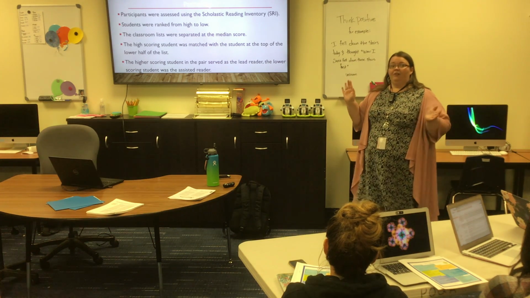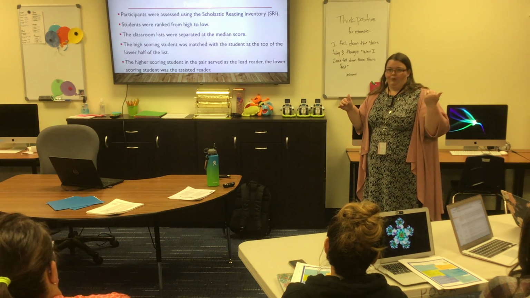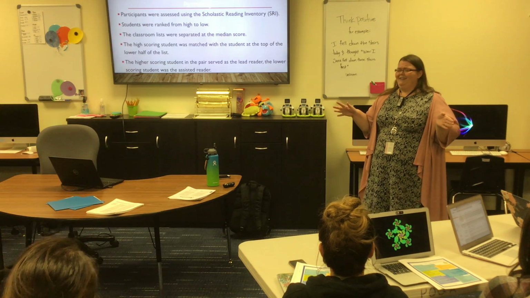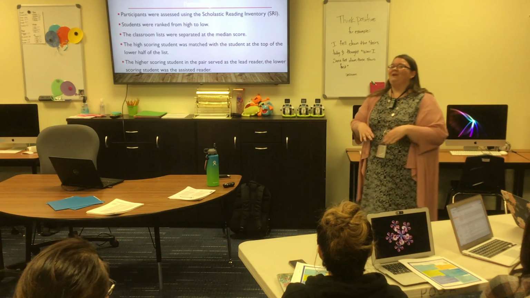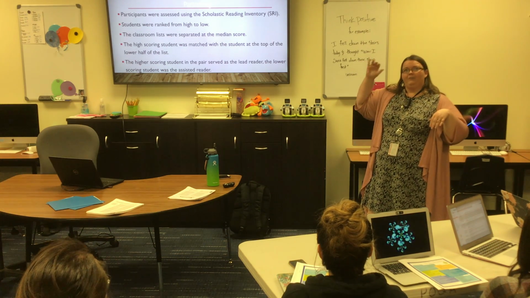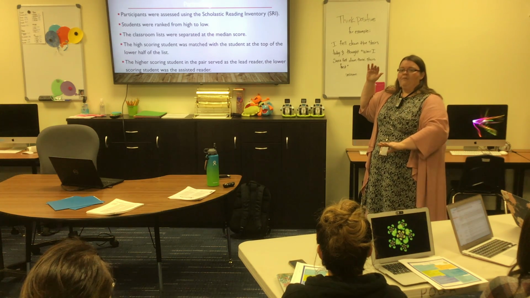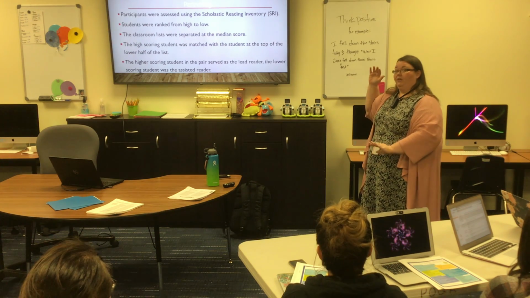So then students are ranked high to low, and then the class is split in half. Now, again, this is in a perfect world. I know that nobody has odd number classrooms, right? Nobody's absent. Typically, you wouldn't want to pair one with 30 if you had a classroom of 30, because the gap's going to potentially be too big between the readers.